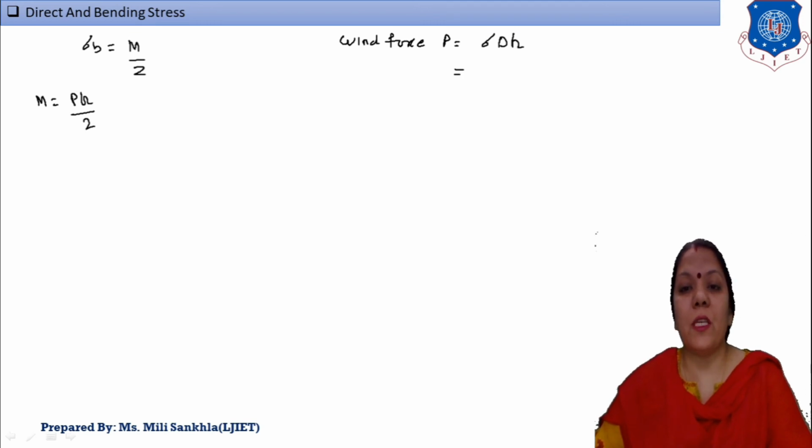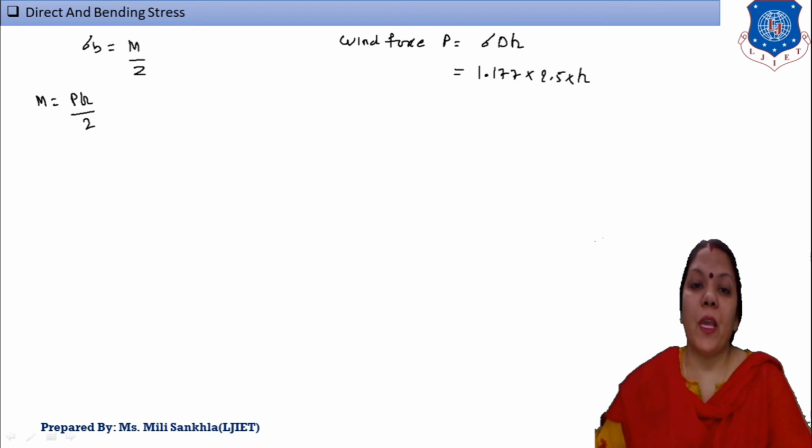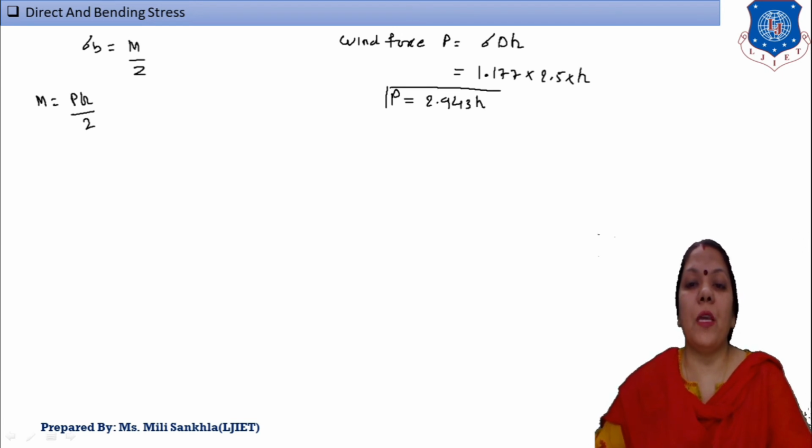We find sigma is equal to 1.77, capital D is given 2.5, and height H is unknown here. Now wind force P is equal to 2.943 H. Here we get wind force P in the form of the unknown value H.